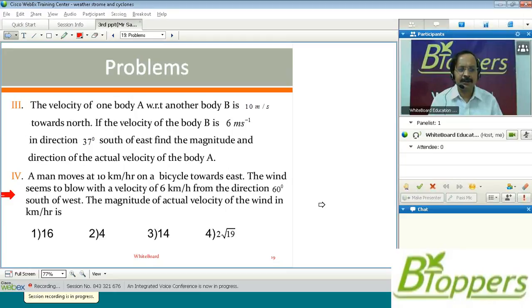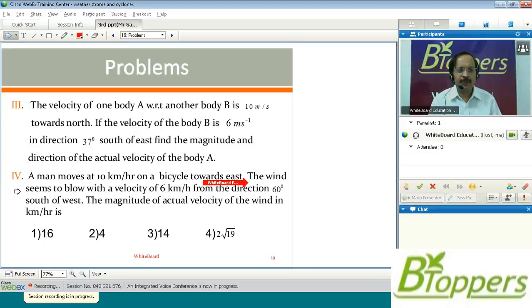Once I read out the problem: a man moves at 10 km per hour on a bicycle towards east.